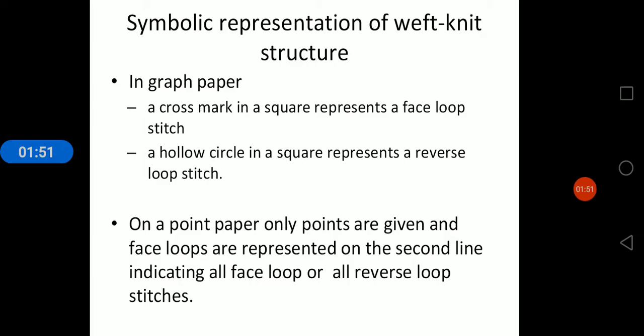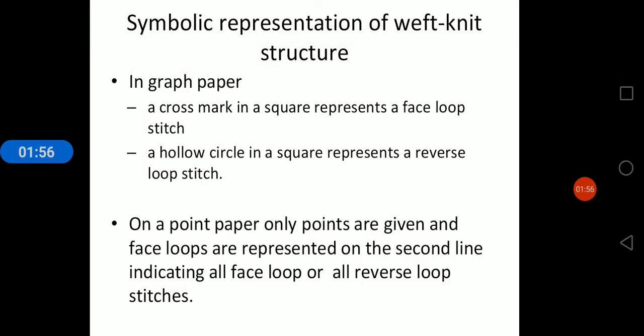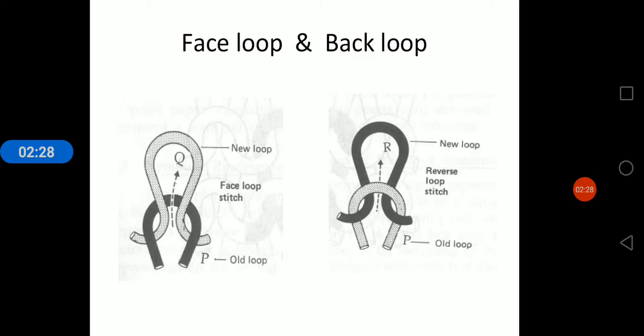A cross mark is only the face, and a dot mark is another representation of weft knit structures, called the back. On point paper only points are given, and face loops are represented on the second line, indicating all face loops, all reverse loop stitches, face loop and back loop.